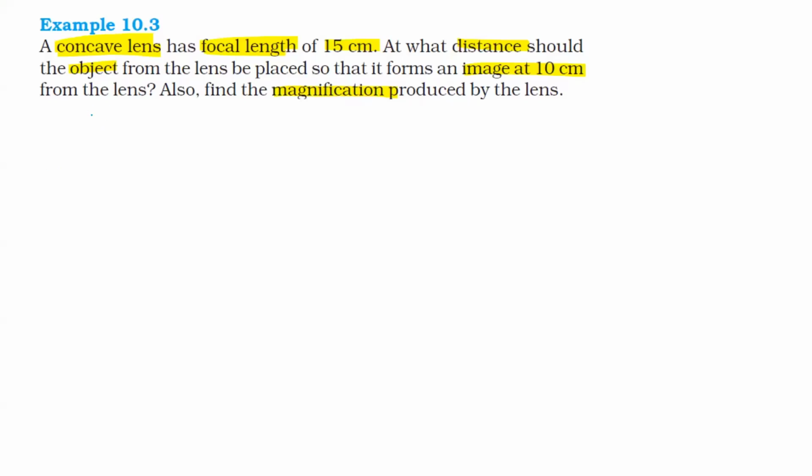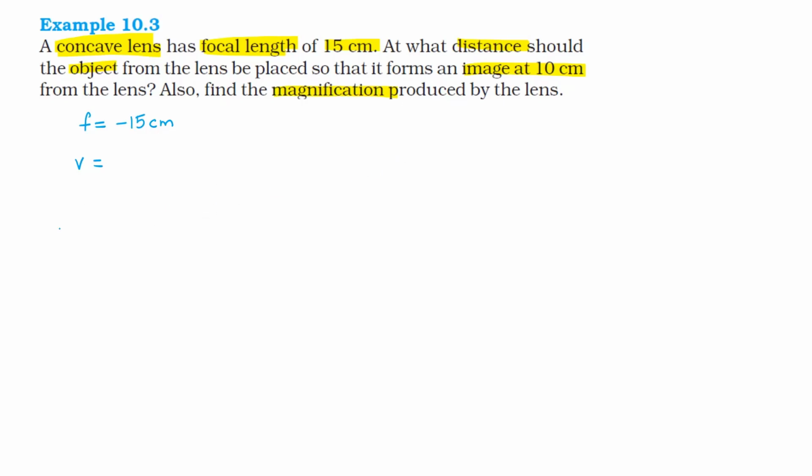So write down the given values. First, I can write f is equal to. Now, is focal length positive or negative for a concave lens? Negative. So write minus 15 centimeter. And now image distance is given. Concave lens, what type of image does it give? If you know that only, you can put the signs correctly.